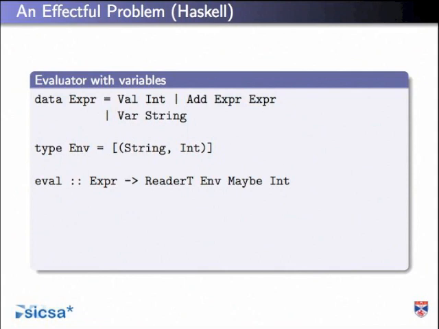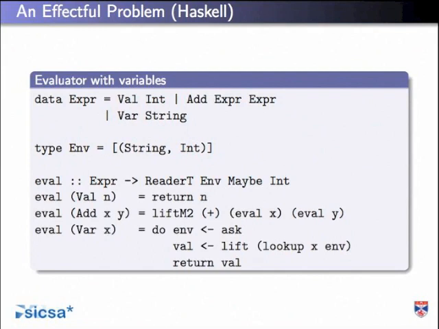So to write our evaluator now, to evaluate a value, we need to return something. So we need to inject something into our monad. So returning n is okay, it's just an integer. To add things, well, we'll evaluate the two sub-expressions and then we'll add the results. But we need to lift this function that we've applied into our monad because they're not pure computation, so we need to do something to get the results of the evaluation and to push through any failure and environment that might have changed.